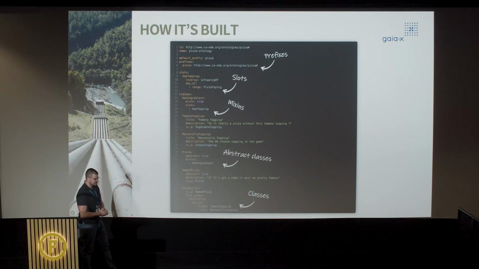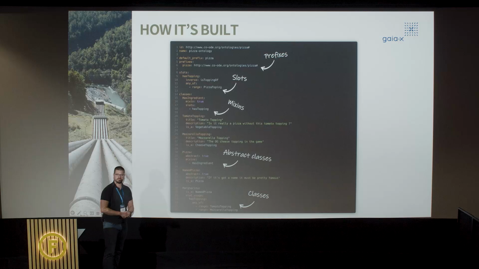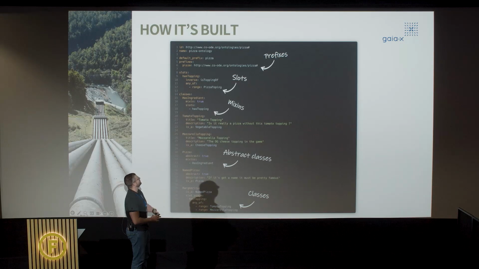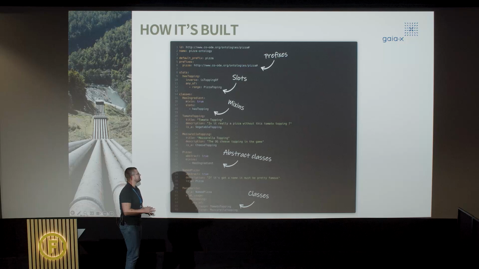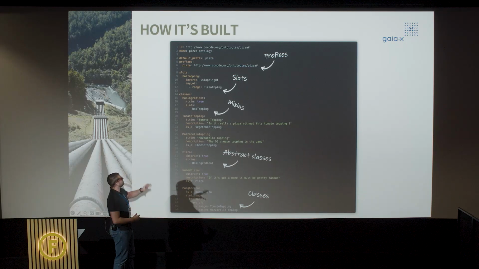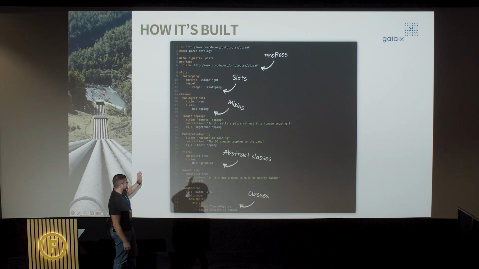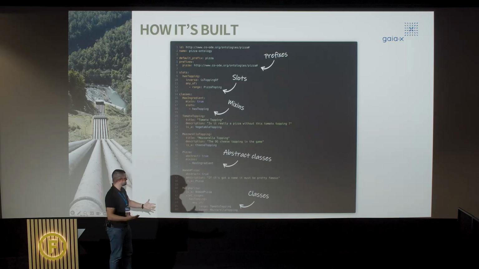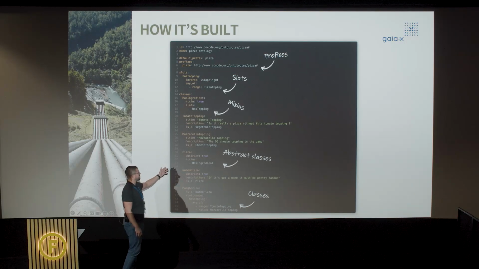Quick LinkML file, basic. I'm still in pizzas. You'll see I'm a monomaniac when I start. We've got the prefixes, as you could see in the usual semantic graph in a way. We can define slots, which are the attributes of classes. You've got classes, which are just like object-oriented programming, abstract classes.